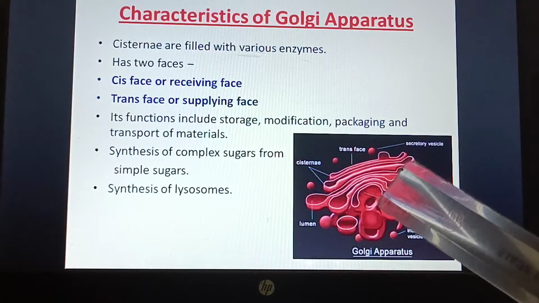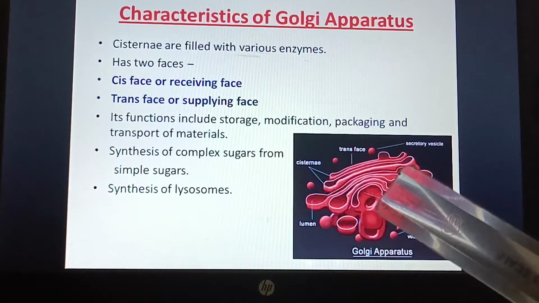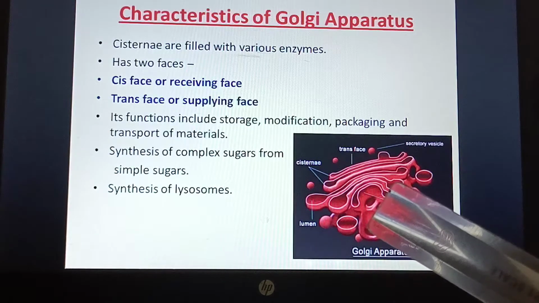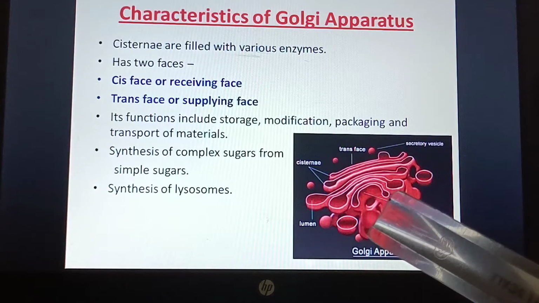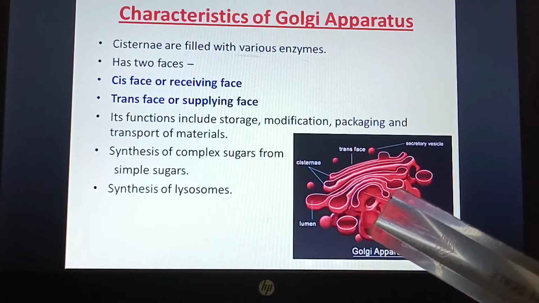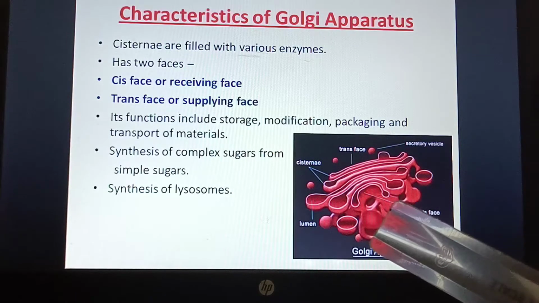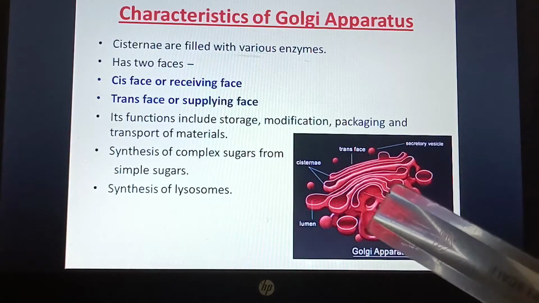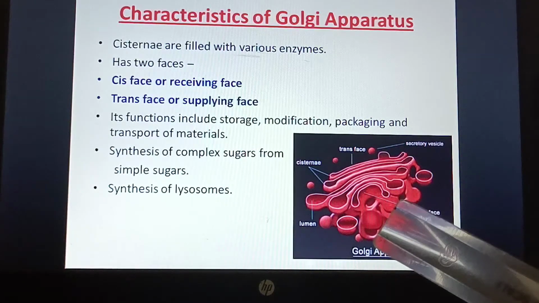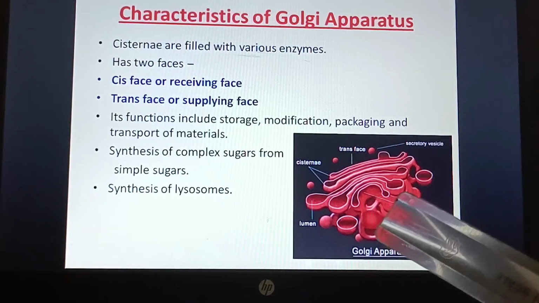Now what are the functions of this? First of all, it helps in storage, modification, packaging and transport of materials. So four main functions are storage, modification, packaging and transport of materials. It also helps in synthesis of complex sugars from simple sugars. In the digestive system, complex food is broken down into simple molecules, isn't it?